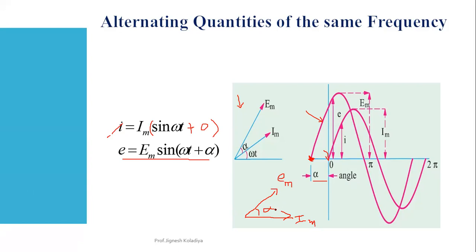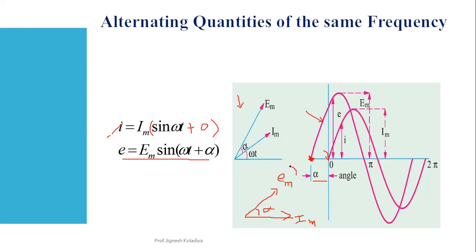This is also correct because I'm taking the reference directly. So omega t plus 0 means you just draw your vector on the reference axis, and plus alpha, so I'm just adding the alpha.